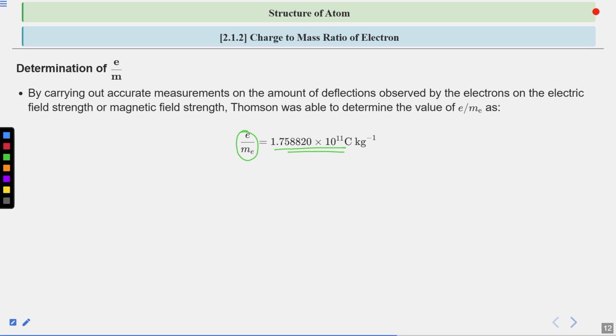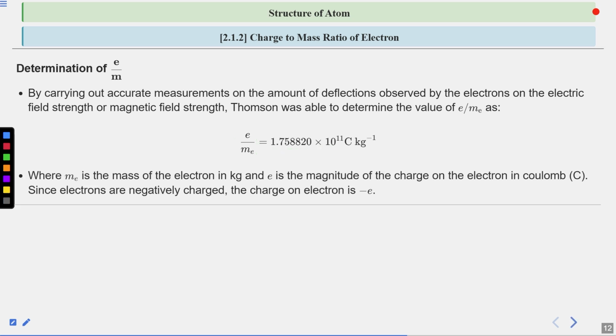Now upon doing some calculation and applying the electric field and magnetic field both in some proportionate amount, he calculated the e by m_e ratio, where m_e is the mass of the electron in kg and e is the charge on the electron.